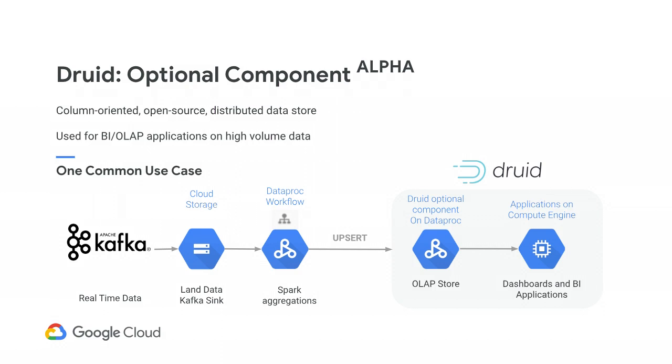And then folks want to see dashboards on that data about what's coming in real time. And they might want that daily, they might want that hourly. And so they can schedule a Cloud Dataproc cluster to spin up, run those aggregations, upsert that into a long-running Cloud Dataproc cluster running Druid, and then tear down that cluster that was running those jobs. And then you have your applications for the dashboarding or whatever going against that OLAP Cloud Dataproc store running Druid.